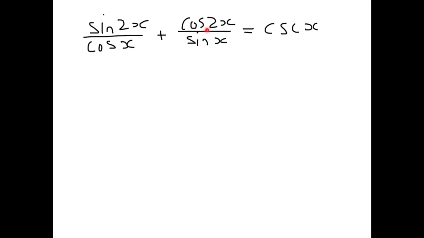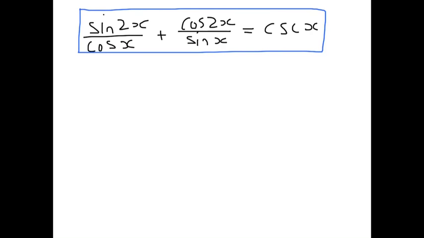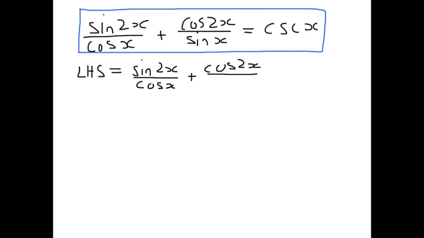Okay, so to start my proof, I'm just going to box this so you can know that's our question, the thing that we're trying to prove. So left hand side is equal to sine 2x over cosine x plus cosine 2x over sine x.